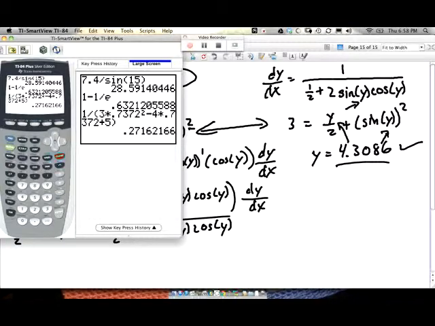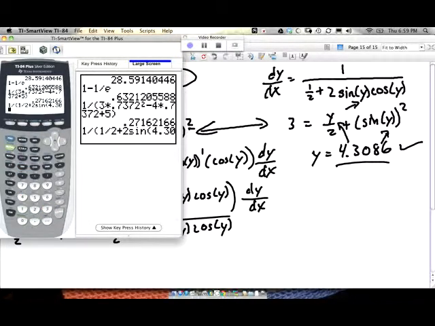It's the derivative. It's this piece up here. So I got to do 1 divided by, now a big huge denominator. We got 1/2 plus 2 times sine of that crazy number, 4.3086, times cosine of that number, 4.3086.